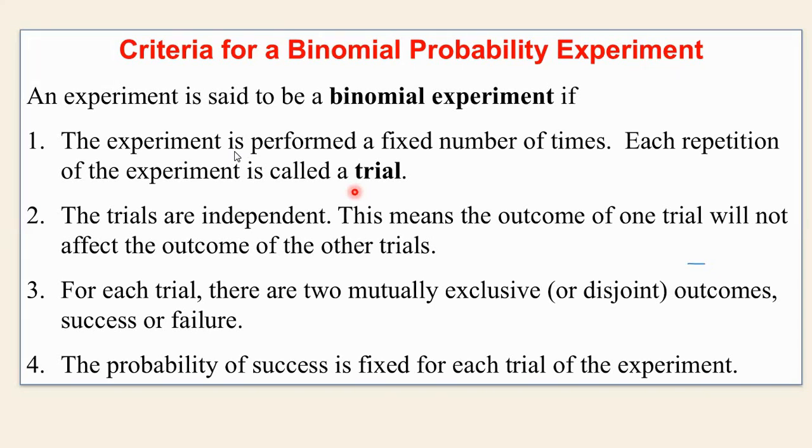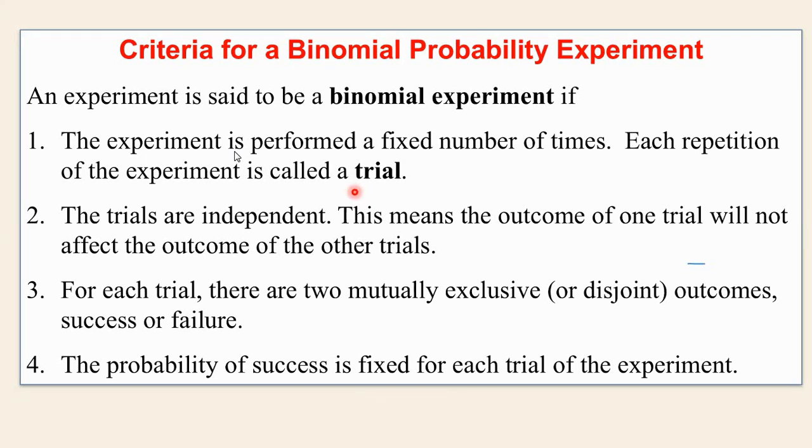Right? Similarly, we are examining whether a product is defective or non-defective. If we are examining one product, then it is one trial. If we are taking 10 products, or 10 goods, or 10 items, and checking whether each and every item is defective or non-defective, then that is 10 trials.